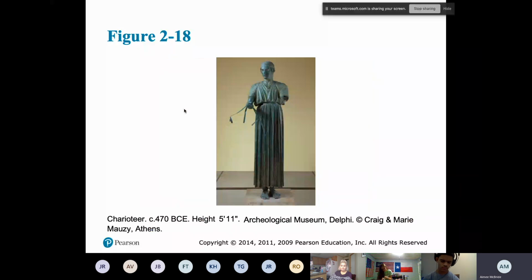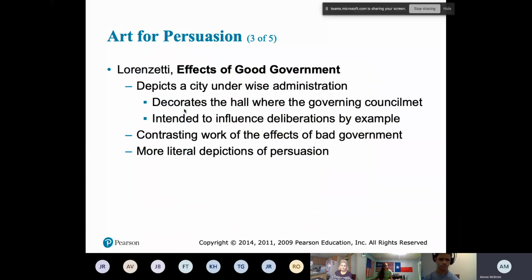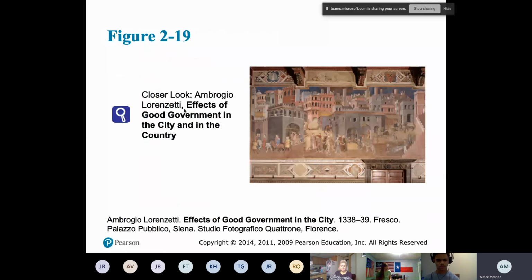And we're going to skip our little charioteer and go on to The Effects of Good Government by Ambrogio Lorenzetti. So during the Renaissance era in Italy, Ambrogio Lorenzetti was commissioned to create a fresco. A fresco is just a painting on a wall of the effects of good government and the effects of bad government.